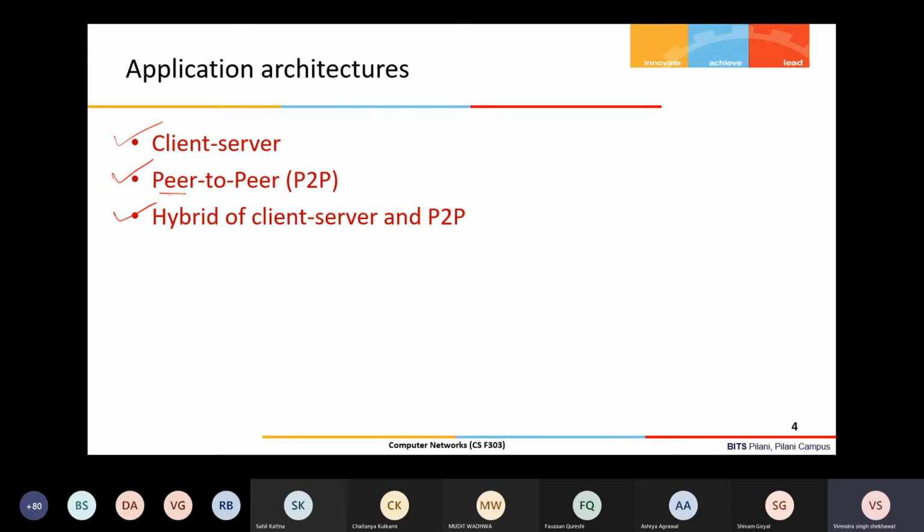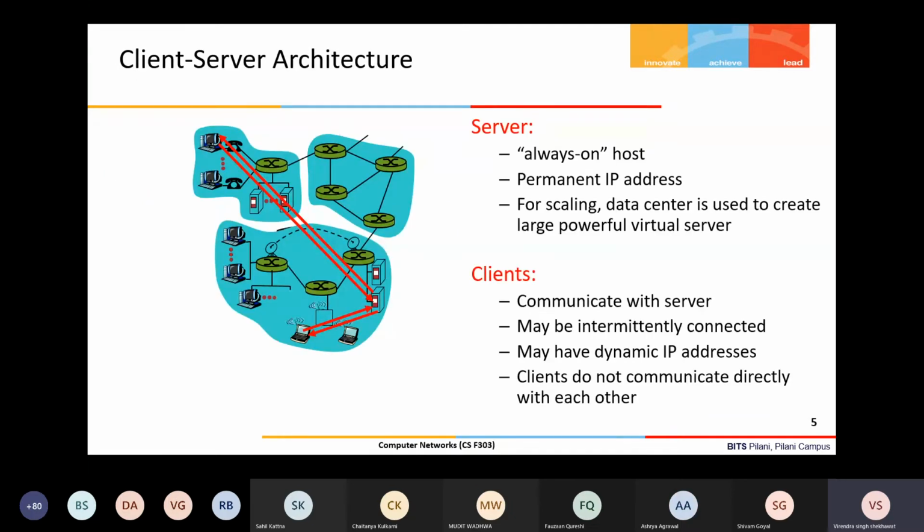Okay, so let us take the client-server architecture first and see how it looks. In a client-server architecture, an endpoint works either as a server or as a client.